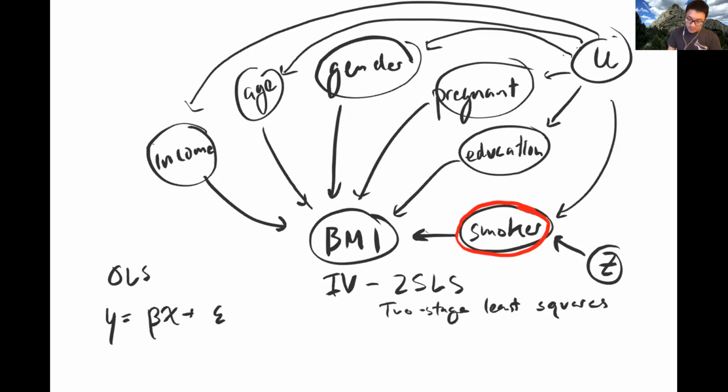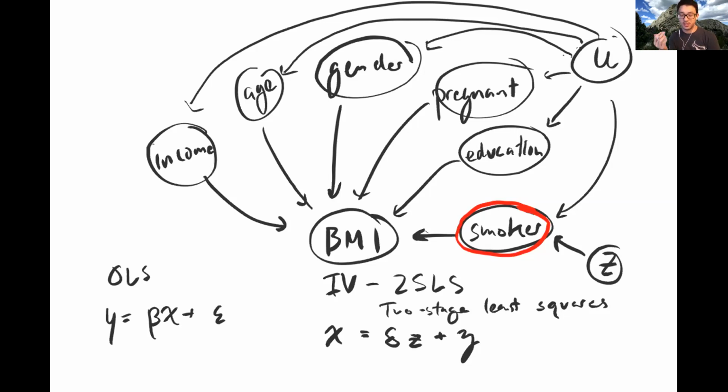The way this works is you first measure the relationship between your instruments and the variable of interest. And these Greek symbols are just alternative coefficients that I'm specifying. So this in itself is essentially two sets of regression.